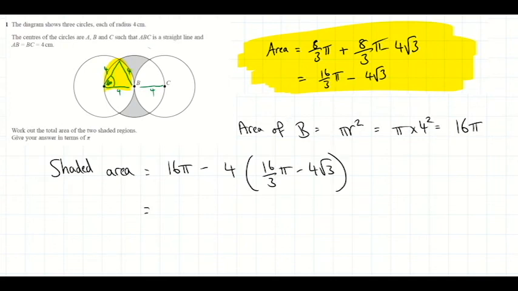Then we'll expand it out. So we're going to end up with 16 pi minus, and be careful with the minus sign here, 64 over 3 pi plus 16 root 3.